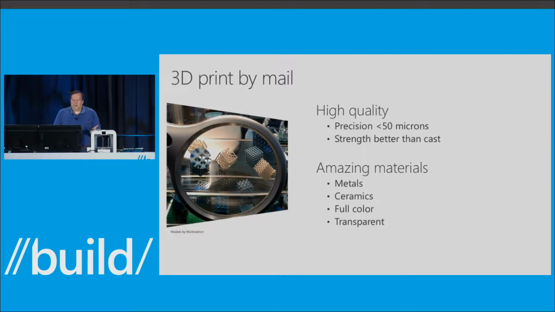They can do things that have strength better than castings. And you could do them in many, many materials, which suddenly takes this whole concept of, oh great, what am I going to do with this plastic single color thing? It really opens up a lot of possibilities, specifically for developers who are developing apps that might customize existing things.